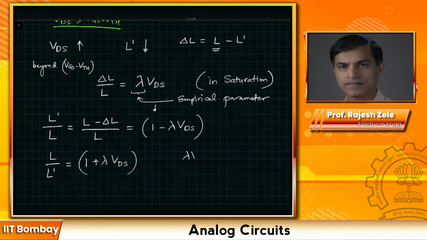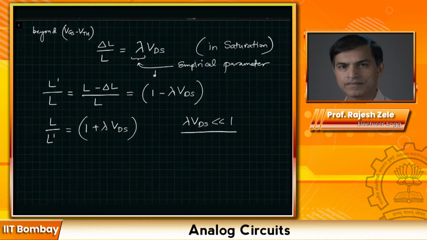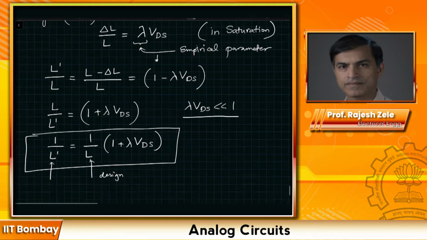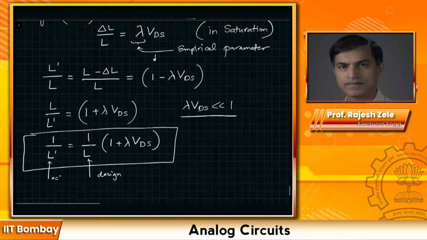The assumption is lambda VDS is much smaller than 1. So this is a second order effect. We can then say that 1 divided by L prime is equal to 1 divided by L multiplied by 1 plus lambda VDS. So L is the design length. When you design the transistors, that would be the channel length that we would start off with, and L prime is the actual channel length due to the VDS.